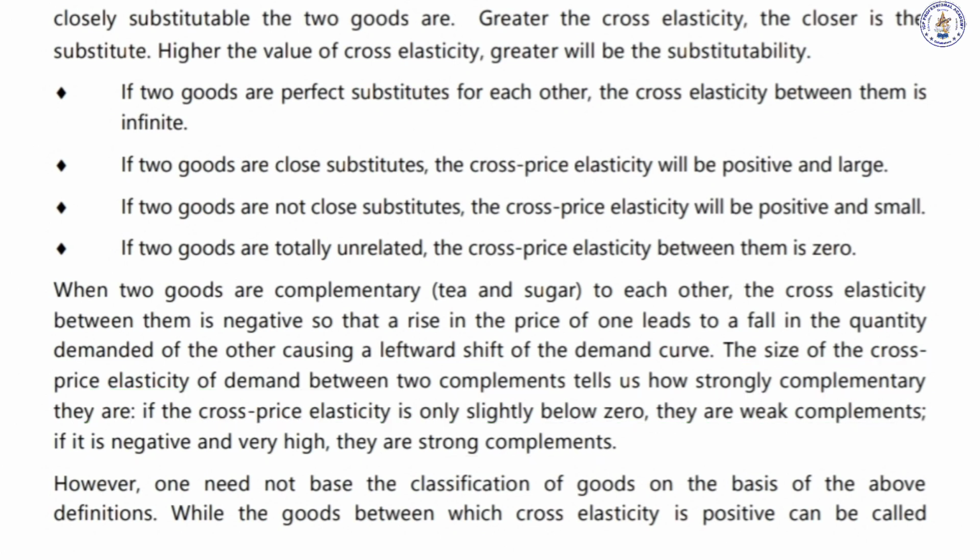If EC is negative and very high in magnitude, they are very strongly complementary. If the cross elasticity is positive, the goods are said to be substitutes. But when the cross elasticity is negative, we cannot always say they are complementary, because sometimes a negative EC is also found when the income effect of the price change is very strong.